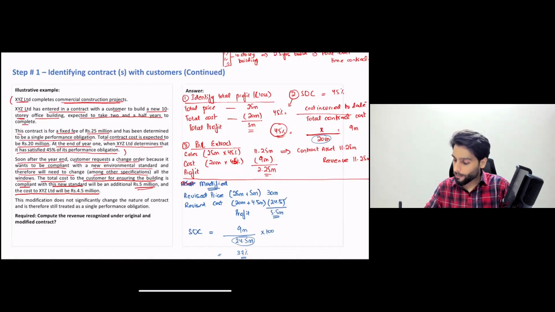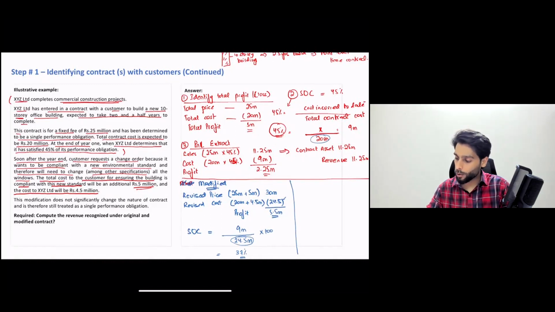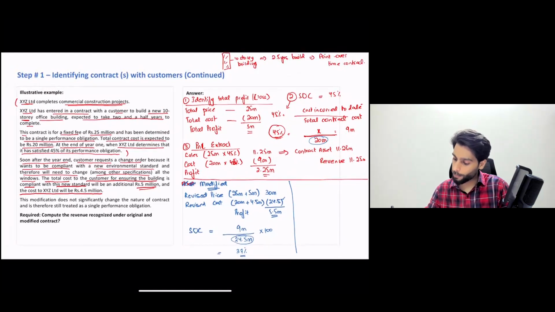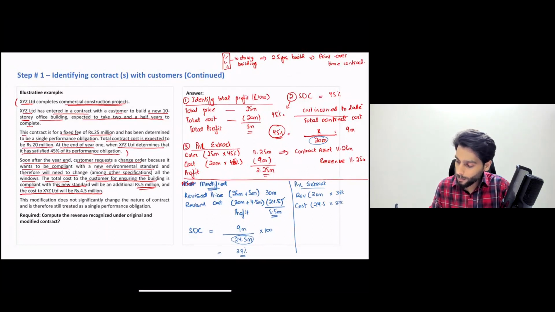And how would it affect our P&L? Just look at it. If we prepare a P&L extract here, revenues: our contract price is now 30 million. Our contract cost is basically 24.5 million, but they would now be multiplied by 37%.